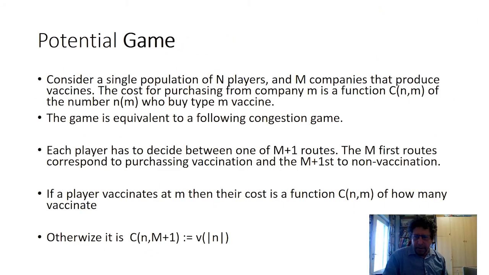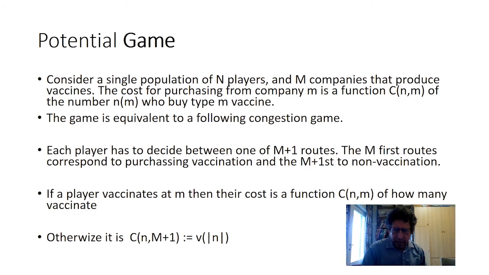I will now explain in some more detail these potential games which we obtained and what is the relation between our original problem and these games. So consider a single population of N players and M companies that produce vaccines.